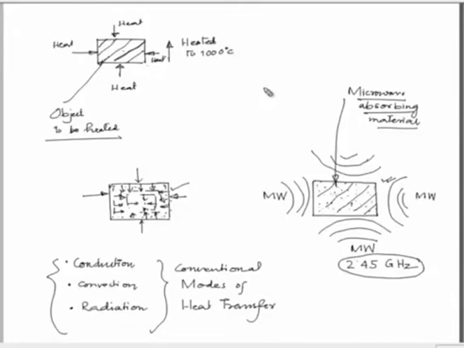For example, if it is water, there will be a mechanism associated with how the water molecules interact with these electromagnetic waves and get heated up. Similarly, if it is a solid material, then the mechanism may be different, and so on.